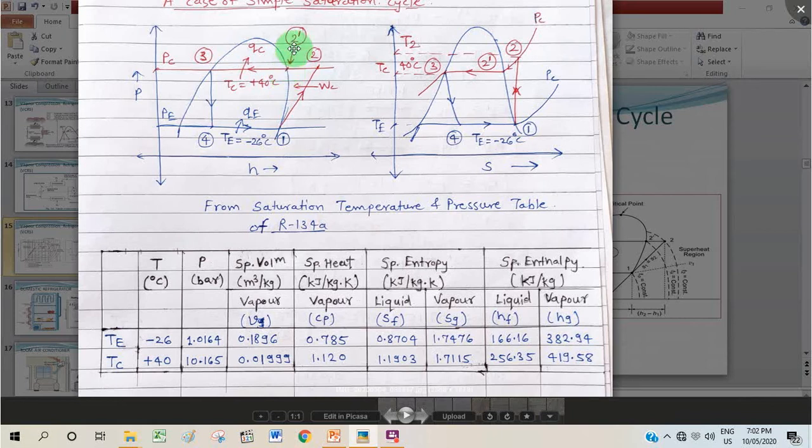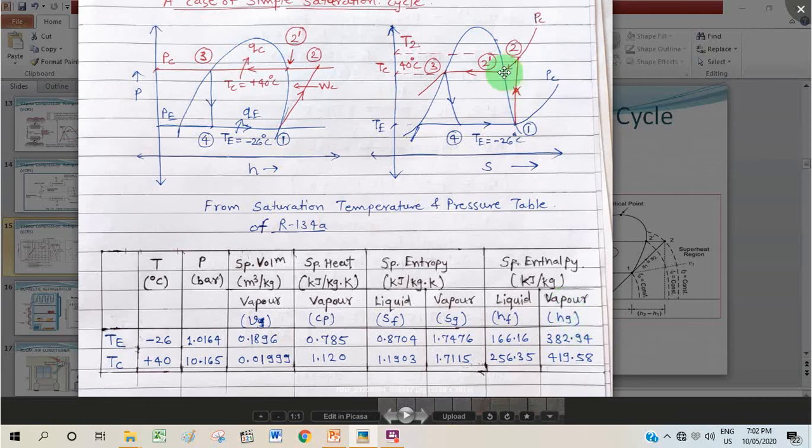So for the enthalpy of 2 dash, come to this row, Tc, and the enthalpy of vapor is 419.58. So this value is obtained, H2 dash, which is equal to Hg2, the saturated vapor enthalpy.